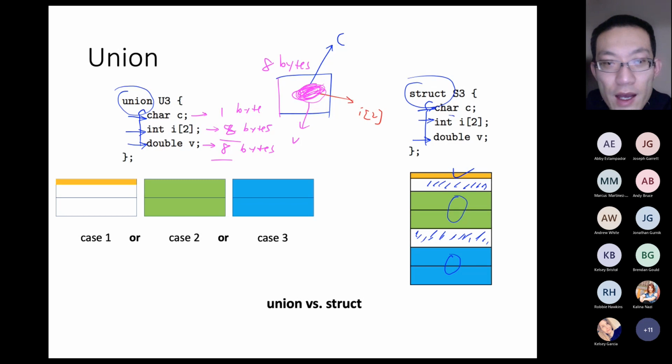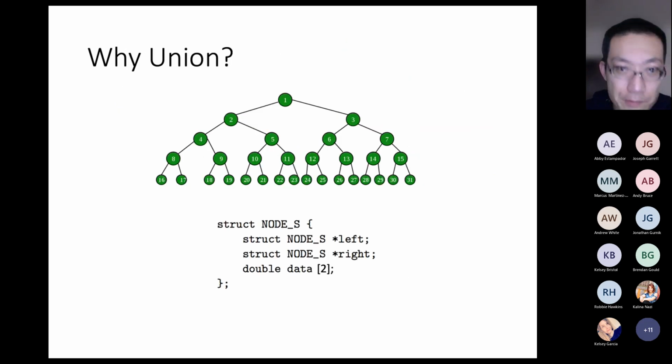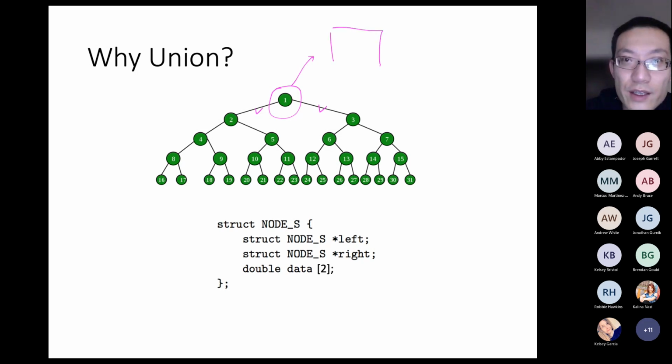This is union. And you may wonder why we need a structure like this. One good example of why union is helpful is this. Here is a tree structure. In this tree structure, we have some nodes, like number 1, which has the left child and the right child. If you look at this tree node, usually it is a structure like this.